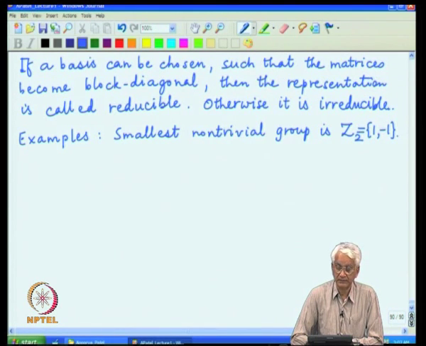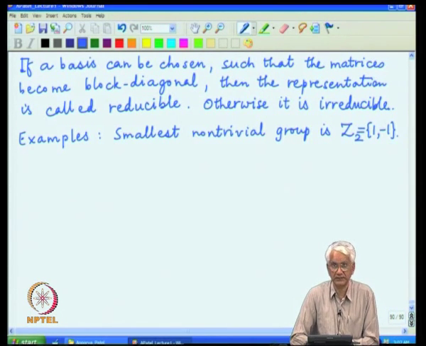The square of either of the elements is identity, and that closes the composition rule for the group completely, because one of the elements is identity itself.